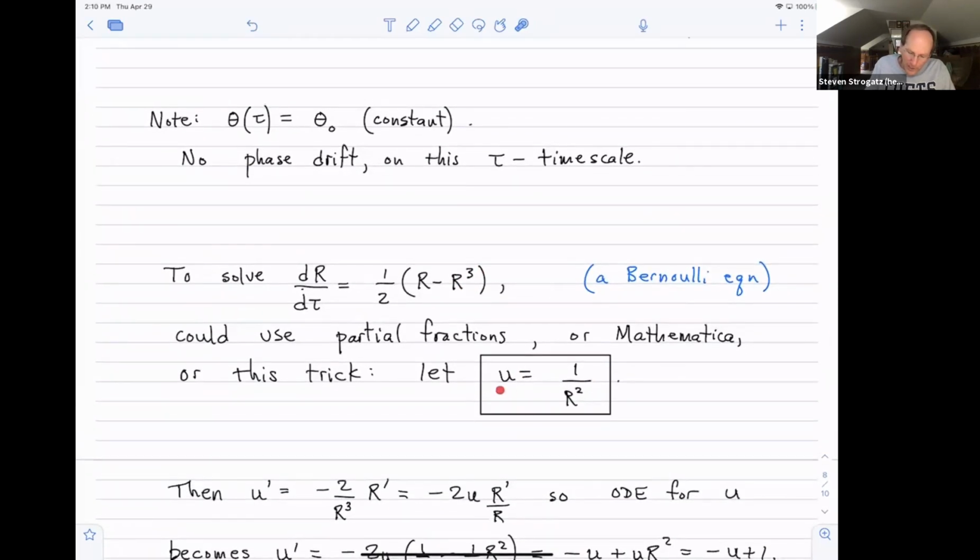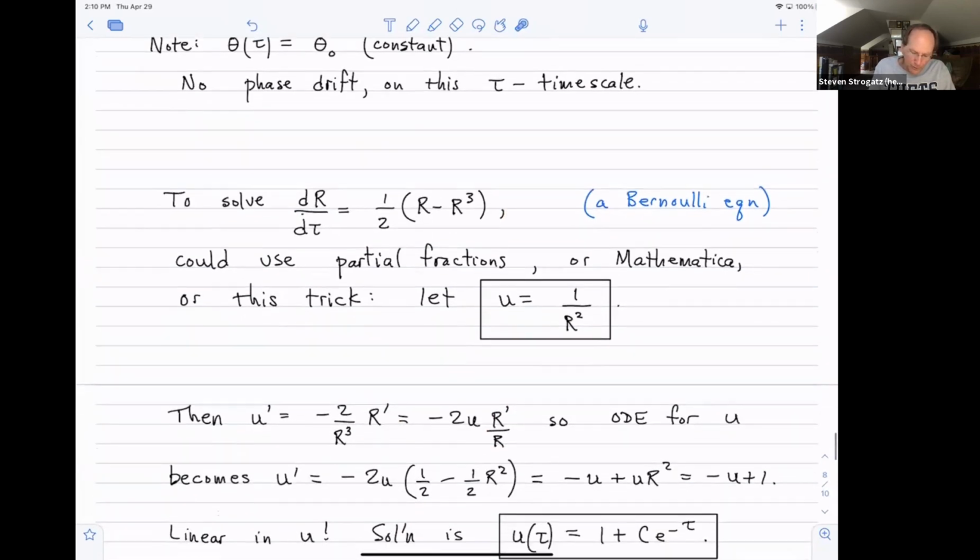You can differentiate u to get an equation for u. So I get u prime is minus 2 over r cubed from differentiating this times a chain rule term r prime. Then I substitute for r prime using this differential equation. So r prime over r. My ODE for u becomes u prime is minus 2 times u.